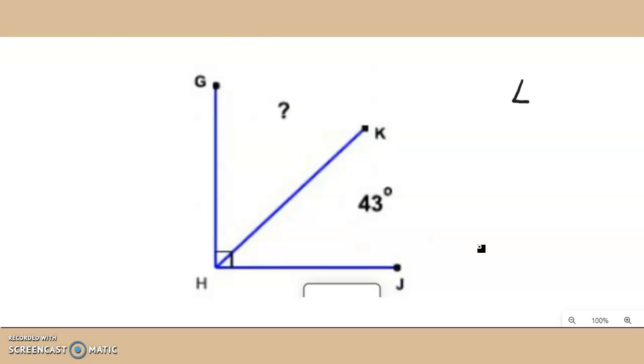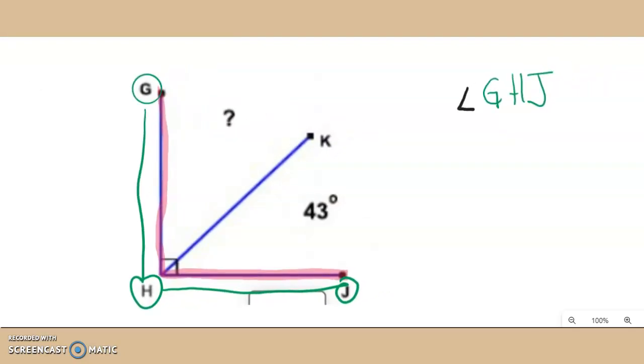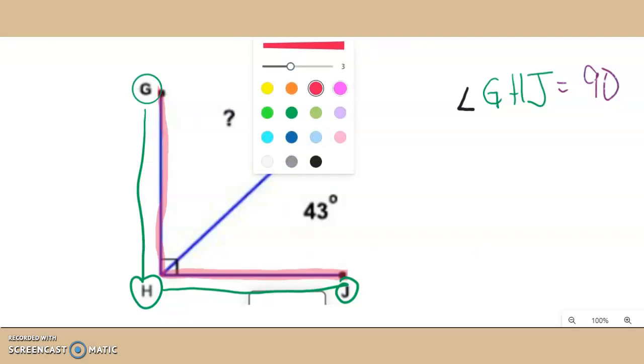And we're going to look at this in chunks, from G to H to J. So the angle of G, start at G, go to H, then you go to J. So G to H to J. The angle of G to H to J equals 90 degrees.